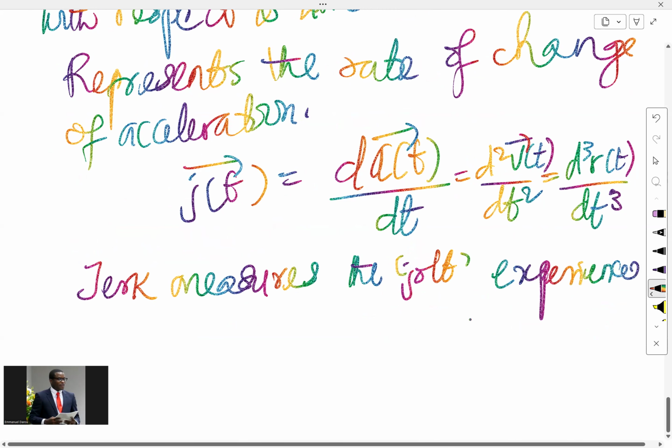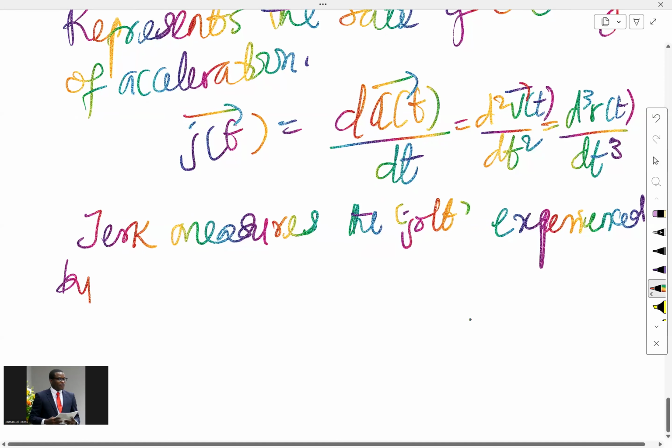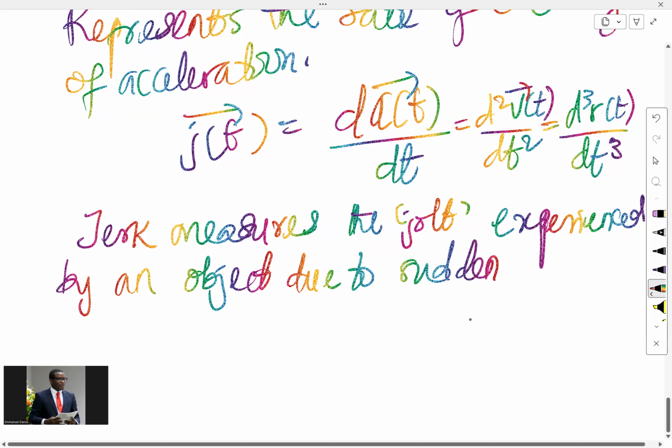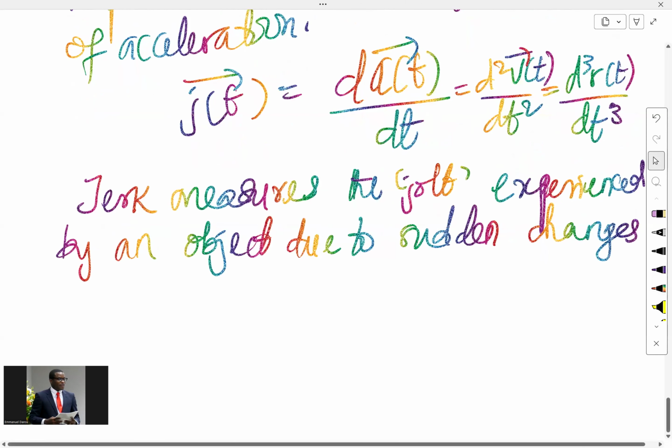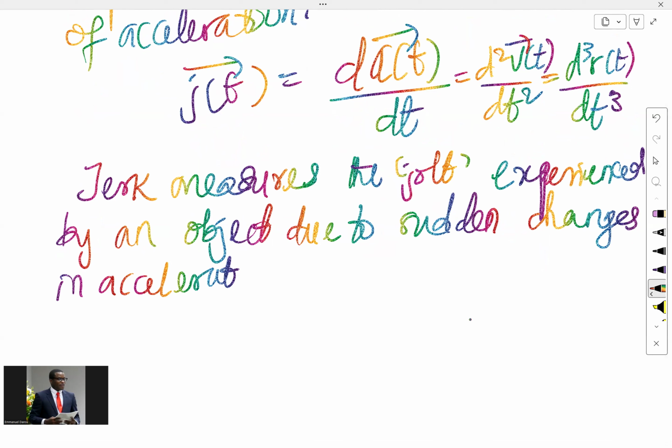We said it's complex motion, right? It measures the jolt experienced by an object due to sudden changes in acceleration. So when acceleration suddenly changes, what you have is a jolt, which is called a jerk, due to sudden changes in acceleration.